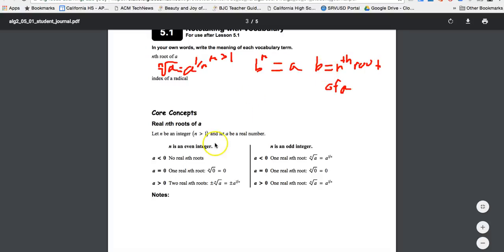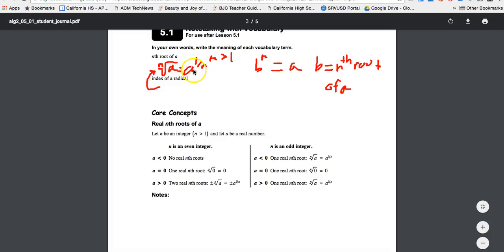Now you'll see that in a minute when we try to do some examples of these. And you would say the index of the radical, that's just this n value right here. When you have a radical of a number, the index is just this n value that goes in front of our root sign.